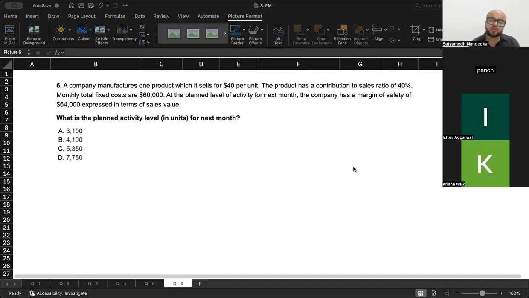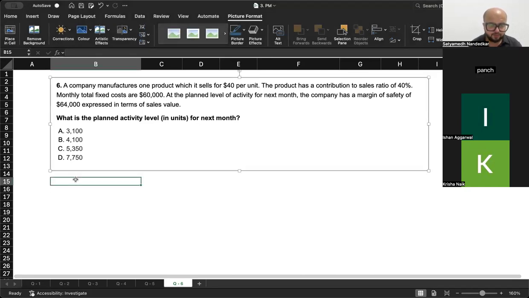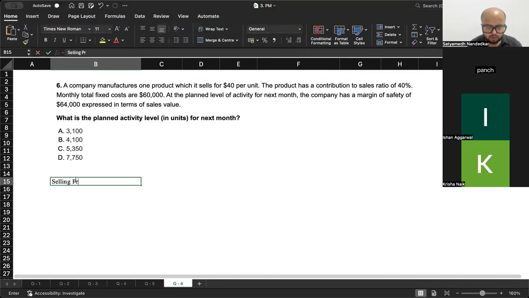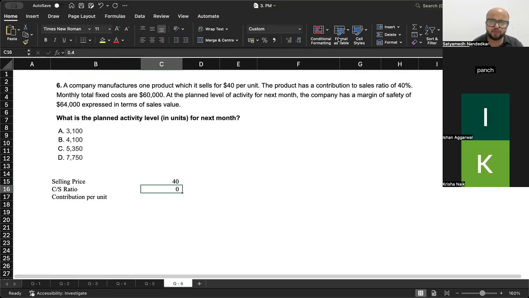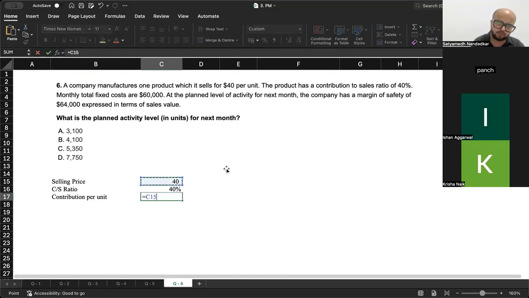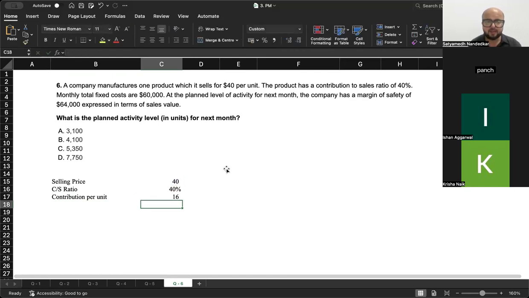A company manufactures one product which it sells for 40 per unit. The product has a contribution to sales ratio of 40%. So, selling price 40, CS ratio 40%. That means contribution per unit is 40 into 40%, which is 16.